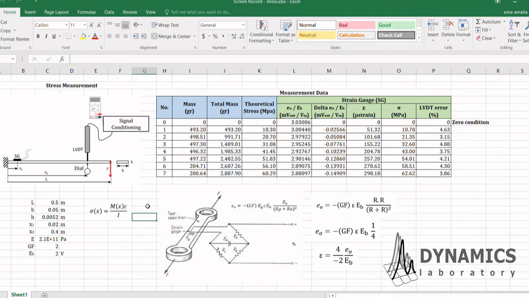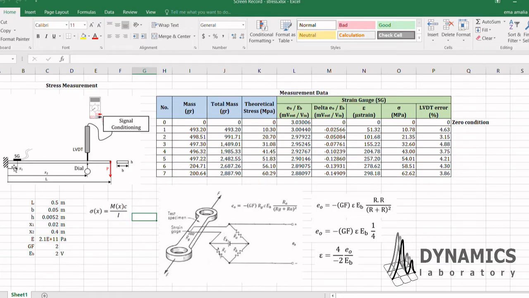We continue to the data processing of the stress measurement. First, we need to calculate the theoretical beam stress based on the formula. On your left, you can see the beam dimension and also the location of the strain gauge.